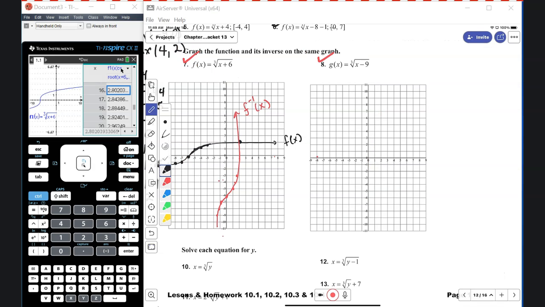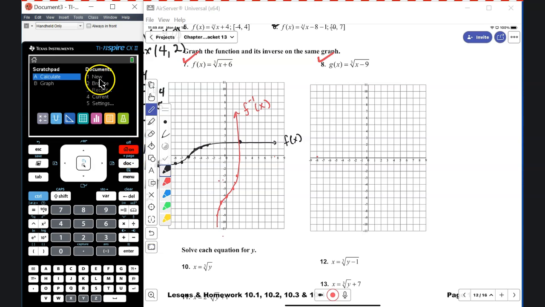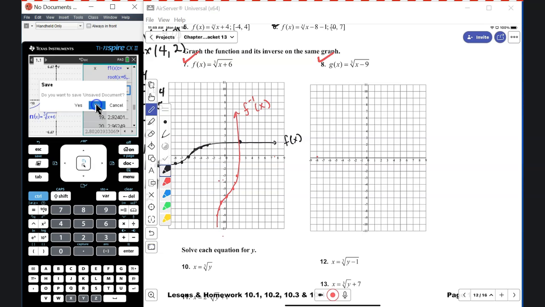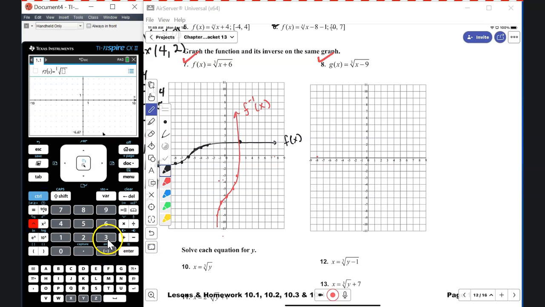We're going to type in g of x equals the cube root of x minus 9, and we're going to graph its inverse. At this point I'm going to do a new graph. We're going to press control, and now we have the cube root of x minus 9 over here. Go to menu, graph. Let me graph the table.